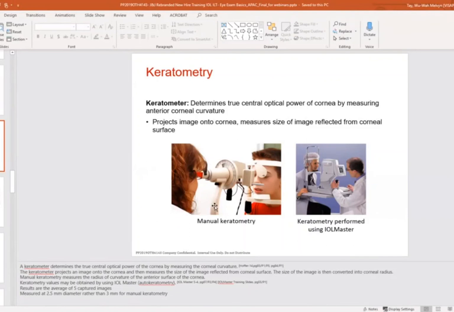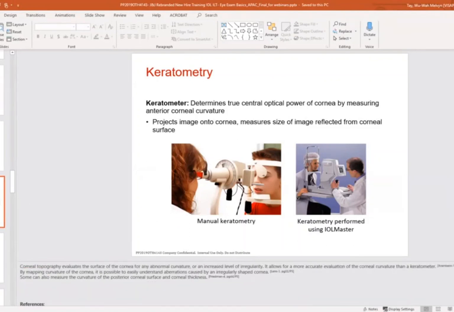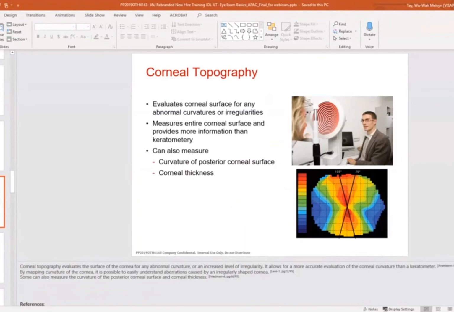Keratometry, whether it's manual, automated, or the usual topography, only gives you anterior surface keratometry measurements. Now, corneal topography gives you the mapping of the entire corneal power, but it does give you a final K1 and K2 simulated value. So they will have a simulated K value given in K1 and K2, just like on your manual keratometry or auto keratometry.